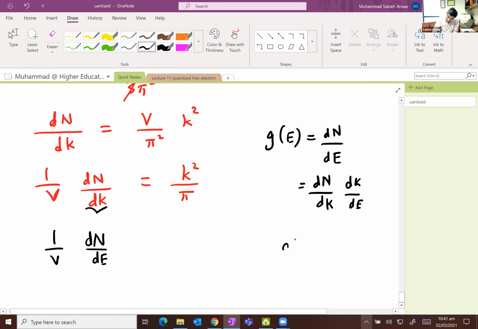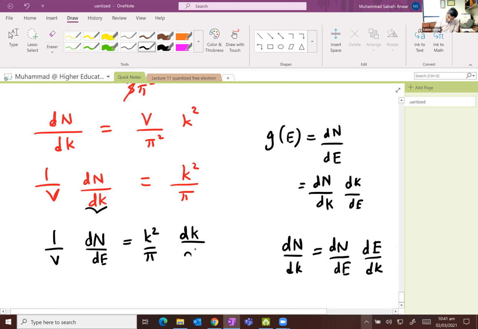So dn over dE is k squared over pi squared times dk over dE. Okay?